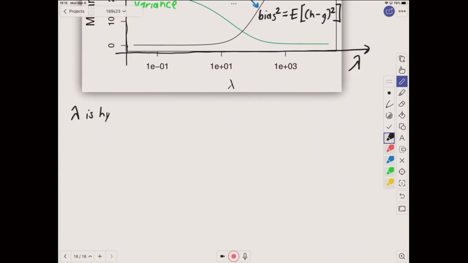All right, I've said it several times, but I'll write it down too. Lambda is a hyperparameter. And we tune it the way we tune most hyperparameters, by validation. Or cross-validation if appropriate, if you've got a small amount of data.